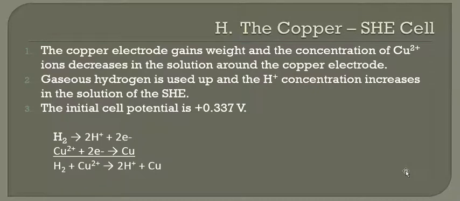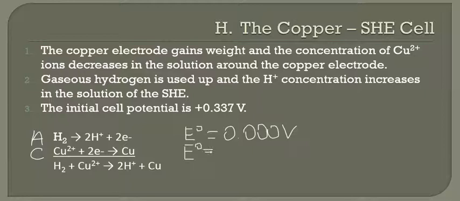So let's look at the copper SHE cell. The copper electrode gains weight, gaseous hydrogen is used up, the initial cell potential is 0.337 volts. At the anode, H2 goes to form 2H+. And the standard reduction potential, since this is the arbitrary standard that we use, is 0. At the cathode, Cu2+ goes to form Cu, and the standard reduction potential is 0.337 volts.